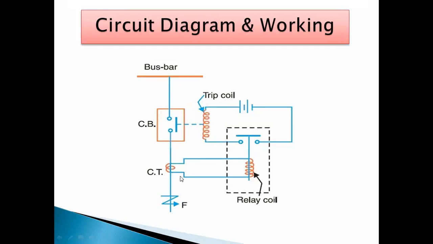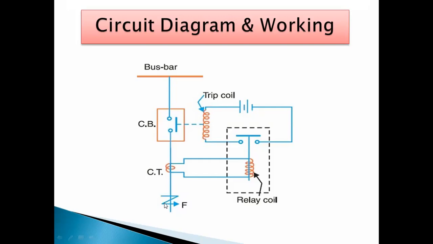Okay, then what actually happens here if any fault occurs? First we'll consider the normal working condition here. Under normal working condition, remember, are the relay contacts closed or open?